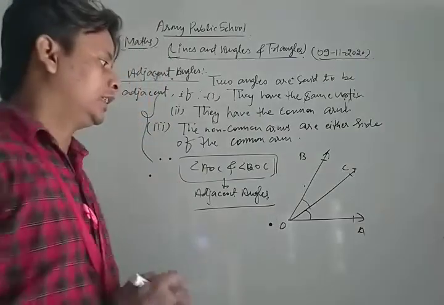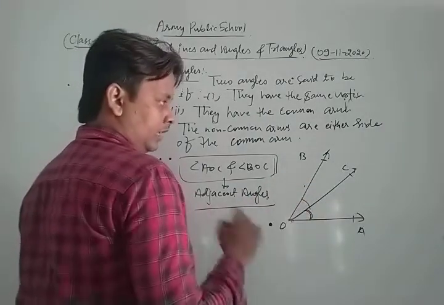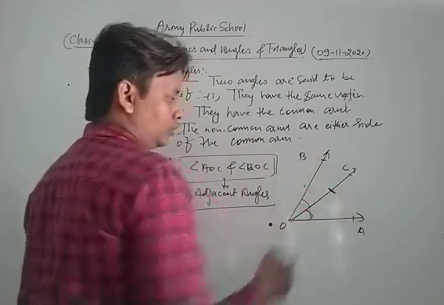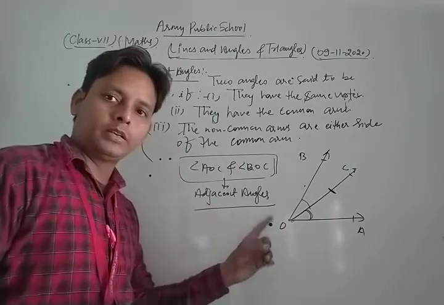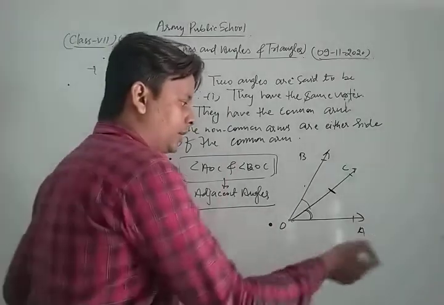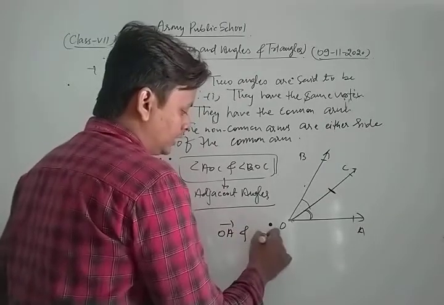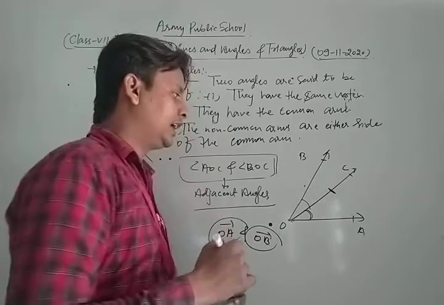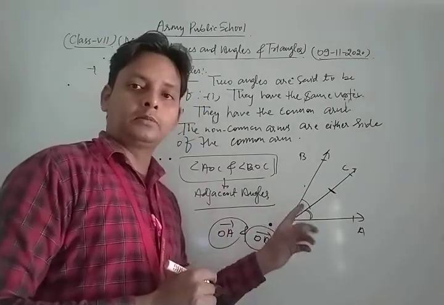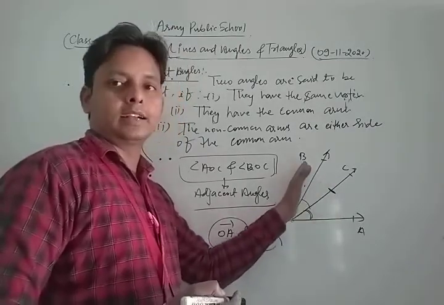Because, let's see, both angles have the common vertex. Second one is, both the angles have the common arm OC. And third one is, the non-common arms, here OA and OB rays, are non-common arms, and non-common arms are on either side of the common arm. One is that side and another is that side.